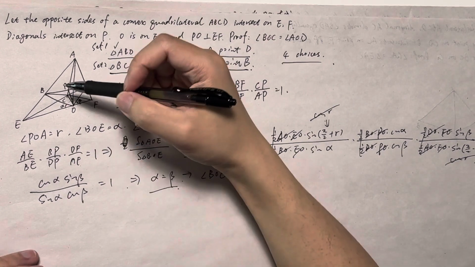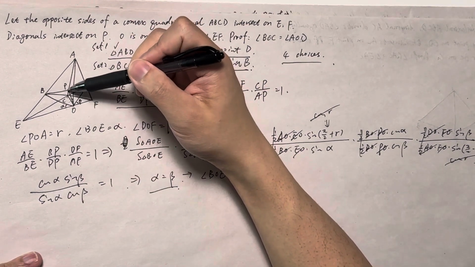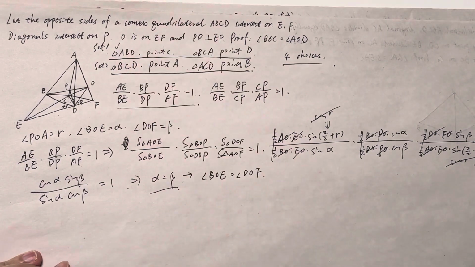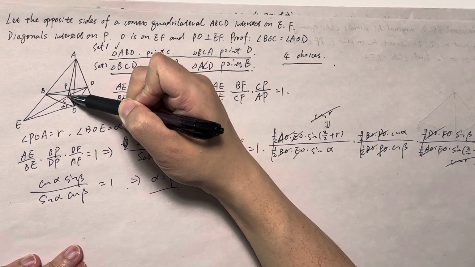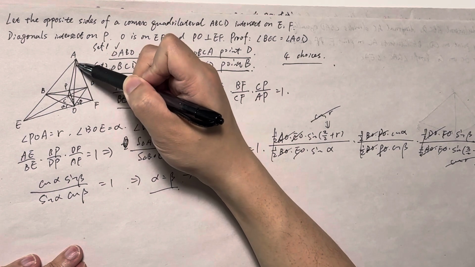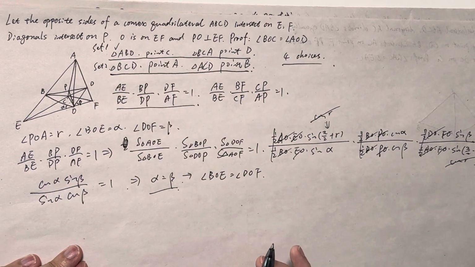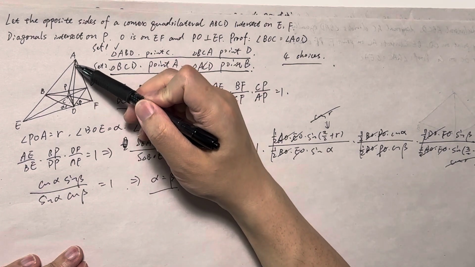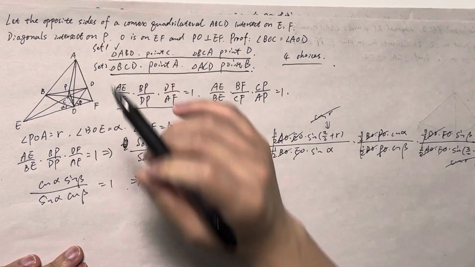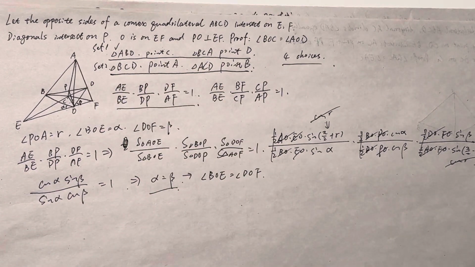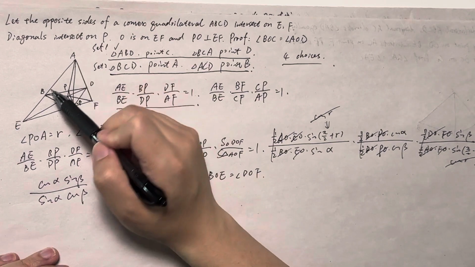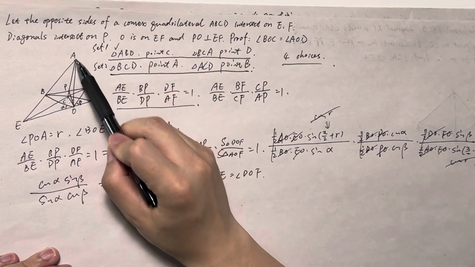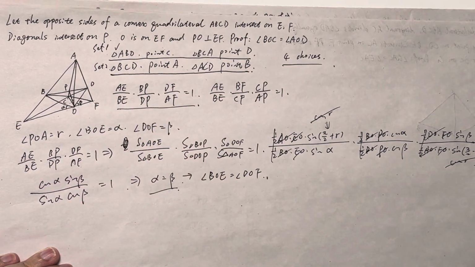So if we want to find OC, OA, and OP, we have to put the ratio of CP to AP into this equation, and the ratio of CP to AP must come from one side of a triangle, either the triangle ABC or triangle ADC.